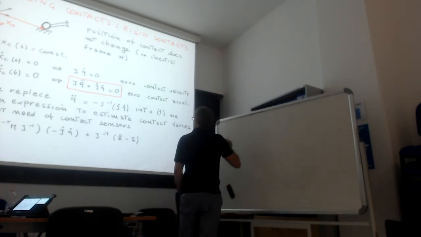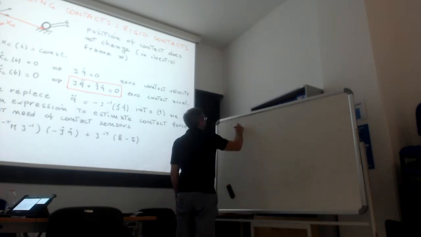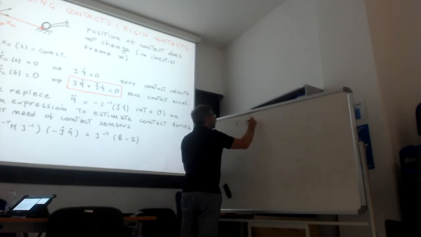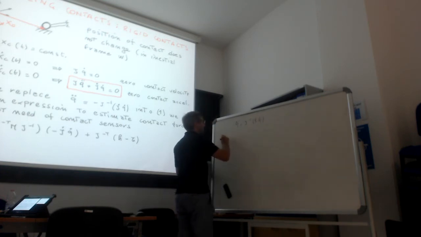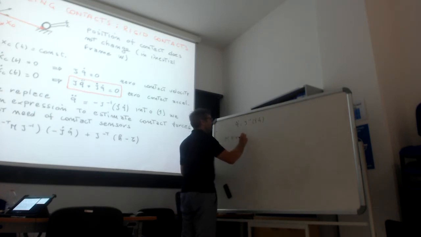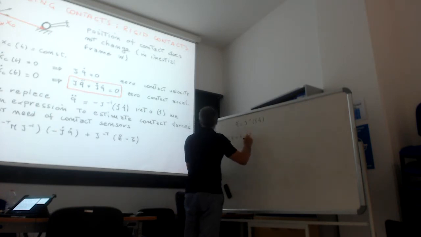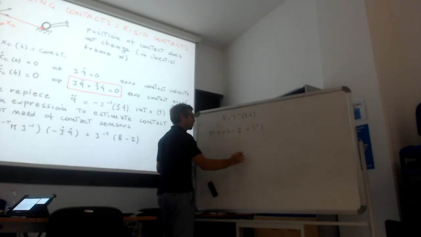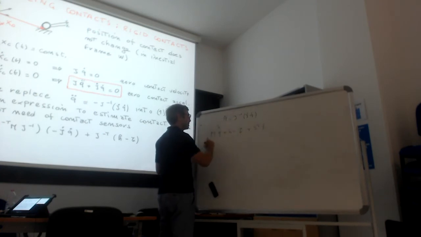So we get q dot dot equal to J minus 1 J dot q dot, and we have M q dot dot plus h equal to tau plus J transpose f, like this here.